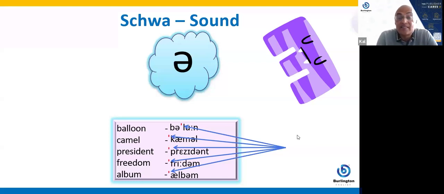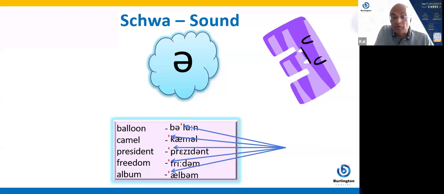It's actually the word stress. Okay, so you see these words that I've put there, they've all got 2 or more syllables in there. Balloon, camel, president, freedom, album. Because they've got more than 1 syllable, then one of those syllables is stressed, and you can tell by looking it up in a dictionary, and you'll see that little dash mark.